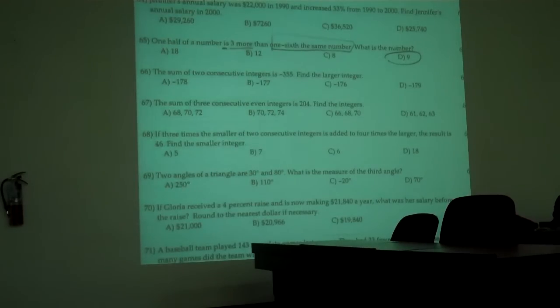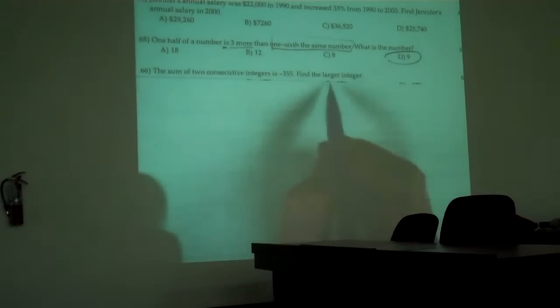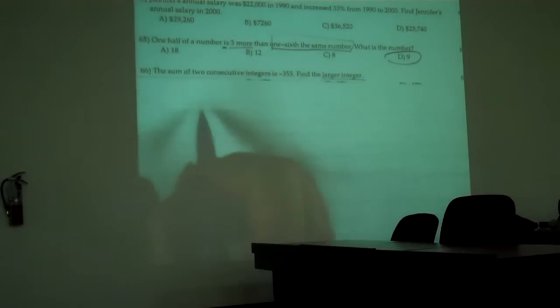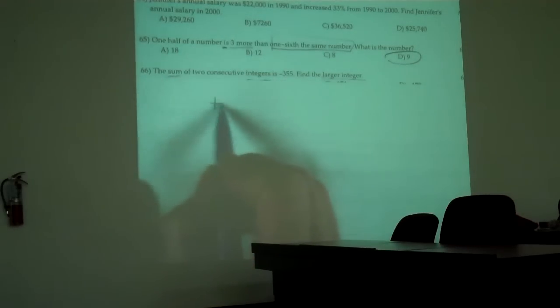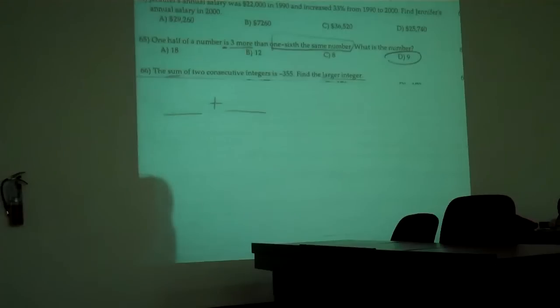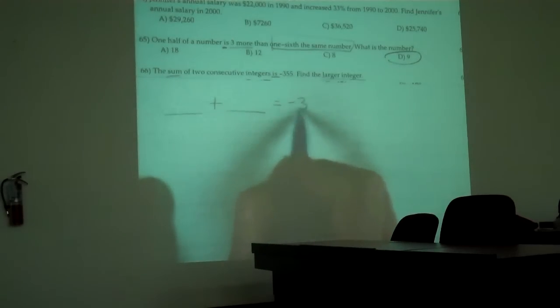The sum of two consecutive integers is -355. Find the larger integer. You don't have to find both of them, you just need to find the larger one only. The sum is adding two consecutive integers, is -355.